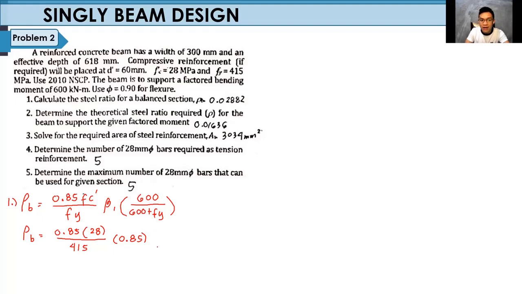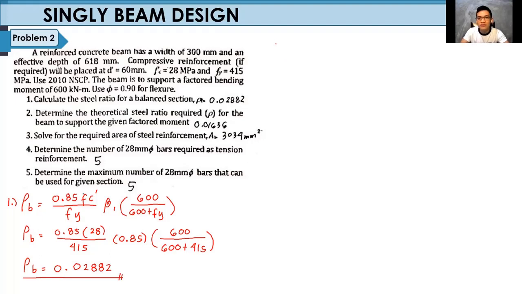Yung mahaba na formula. So, 600 divided by 600. Then, given naman din yung fy natin. Okay? Check lang natin. Yan. So, therefore, by using our calculator, madali lang yan. Input niyo yan lahat. That is equivalent to 0.028882. That is our final answer. Lagyan natin ng line for number 1.